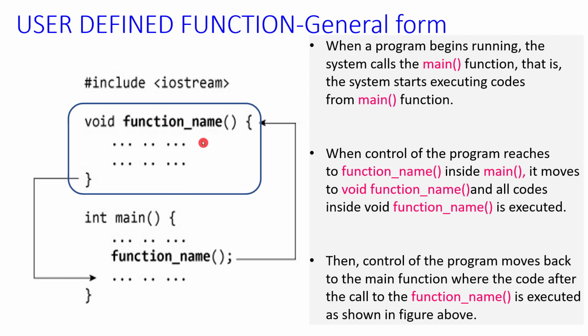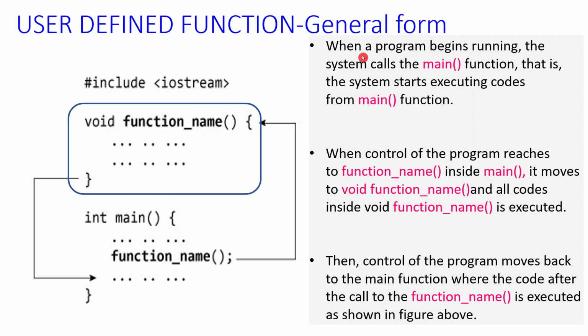Similarly, subtraction is a separate function, and multiplication and division are separate functions. Whenever required, the control from the main function will go to the corresponding one. It will execute in that function and come back to the original function.